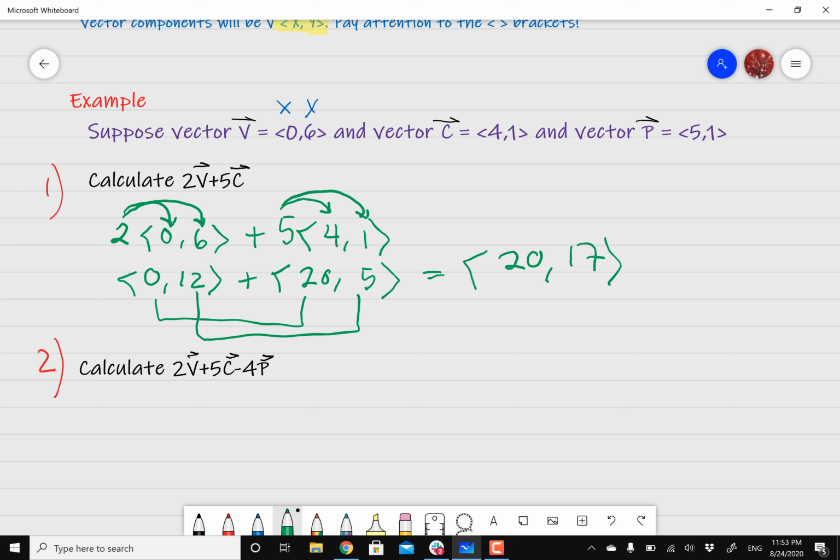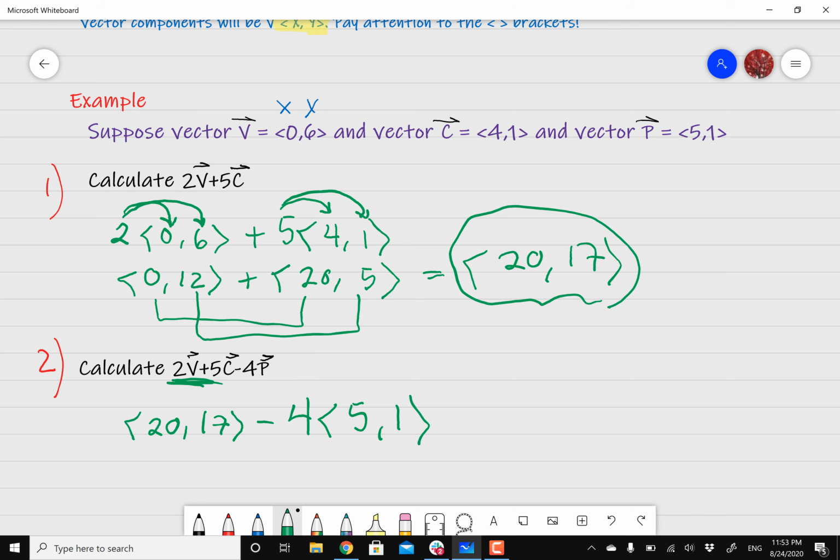And then for the second example, we're pretty much taking this guy, and simply subtracting that from 4 times vector p, which has components 5 and 1. All right, so let's do that. We know what this is, so that's going to be 20 and 17 subtracted from 4 times vector p, which is 5 and 1.